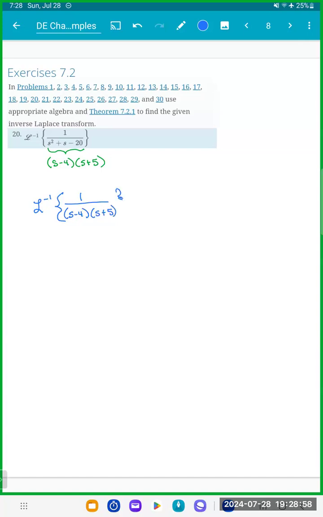And that gives us 1 over 4 minus 5 times e to the 4t minus e to the negative 5t. We can simplify that to 1 over 9 times e to the 4t minus e to the negative 5t.